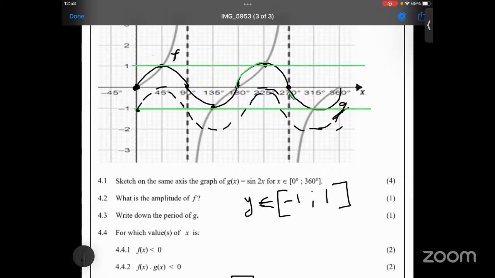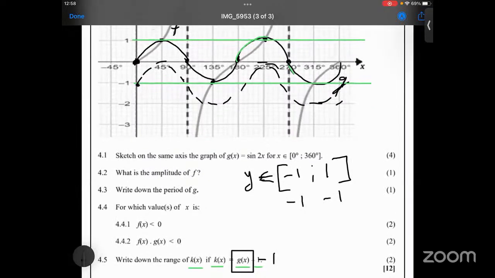So it's like now the new range. What you do is you drag that original range by 1. You also drag that one by 1. So that means now the new range for that k of x will be the element of, what is -1 and -1?